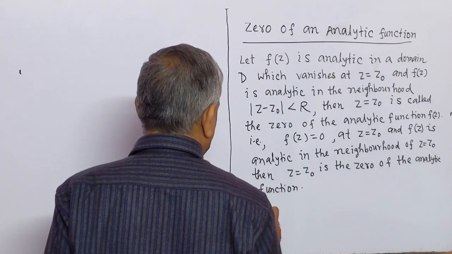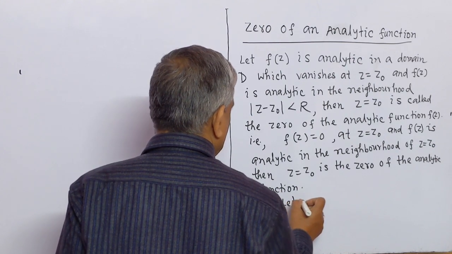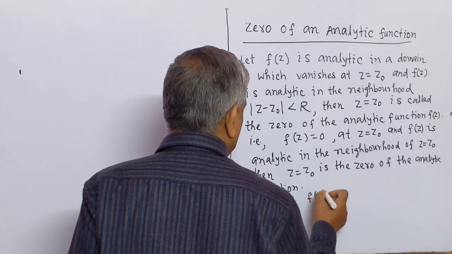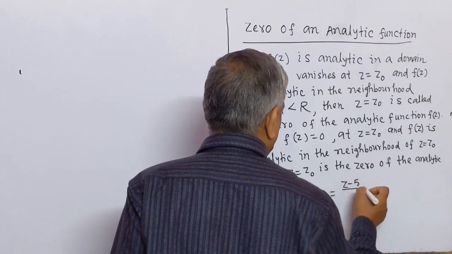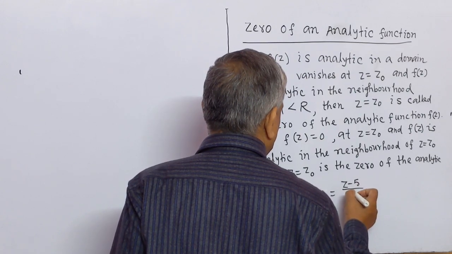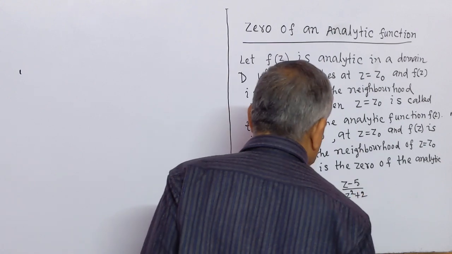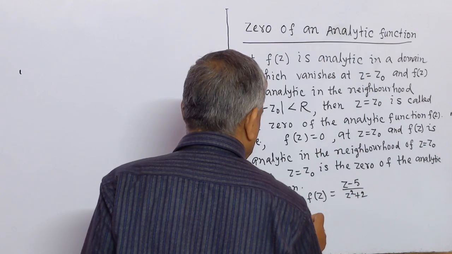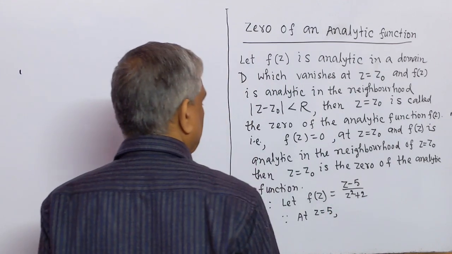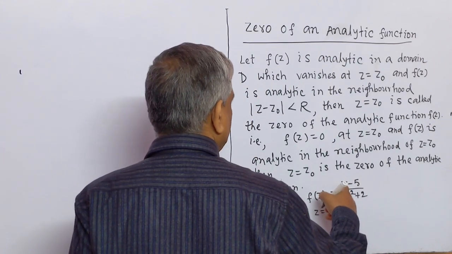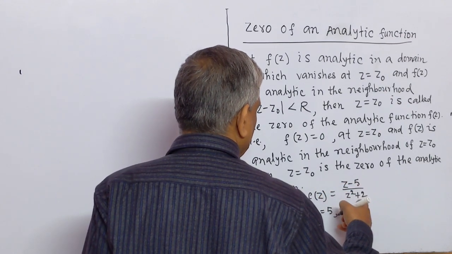Example 1. Let f(z) equal to (z minus 5) by (z square plus 2). Since at z equal to 5, if we put z equal to 5, this becomes 5 minus 5, 0, 0 divided by this is 0.